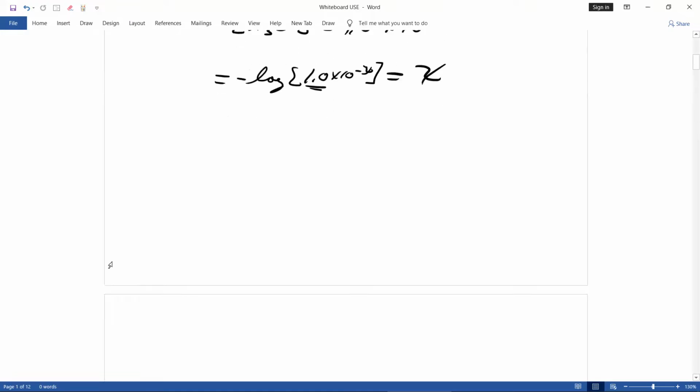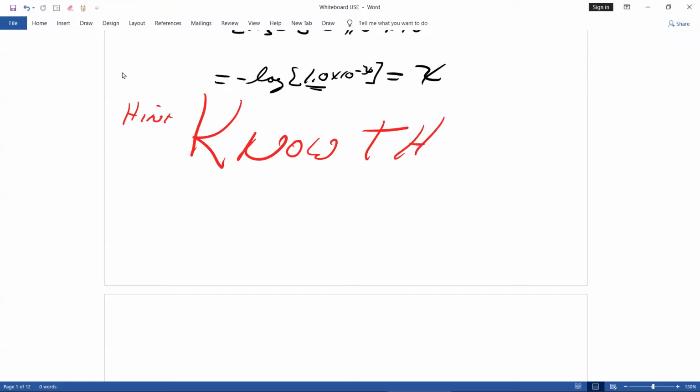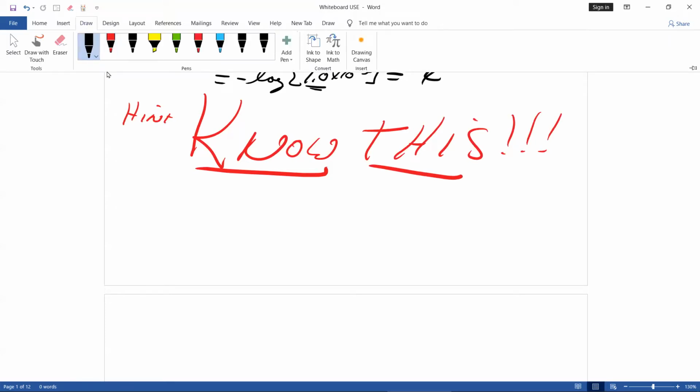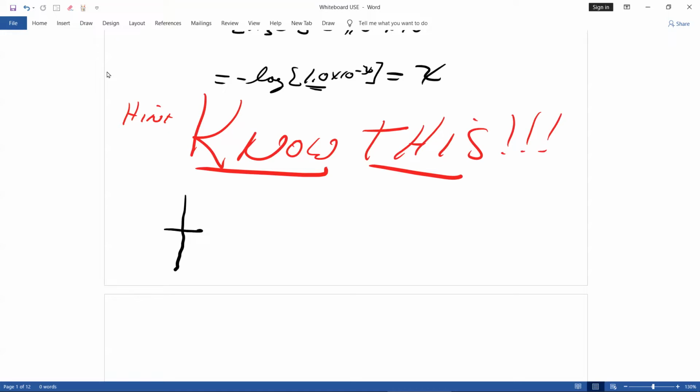Now, you should know for pH, the pH scale goes from 0 to 14. In between is 7.